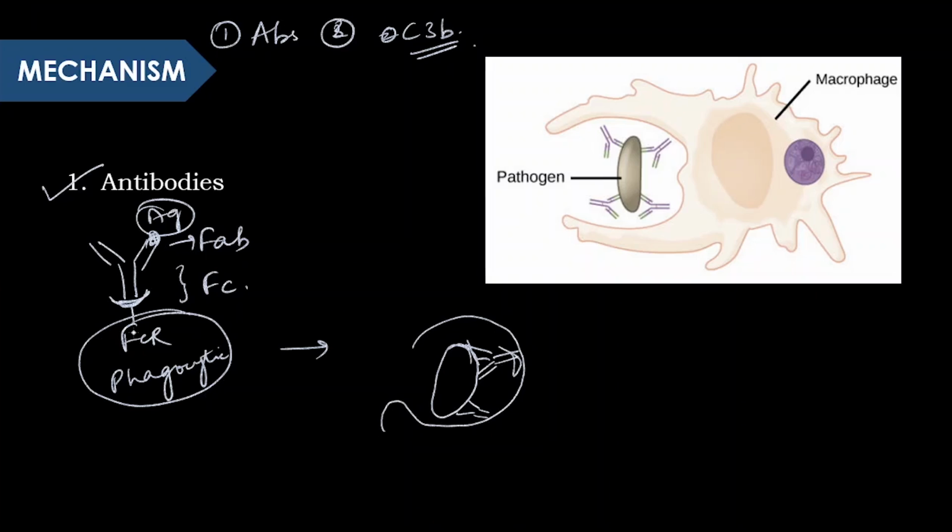After interaction with the Fc receptor, there will be the process of engulfment and phagocytosis by the phagocytic cells. So what is the function of these antibodies?